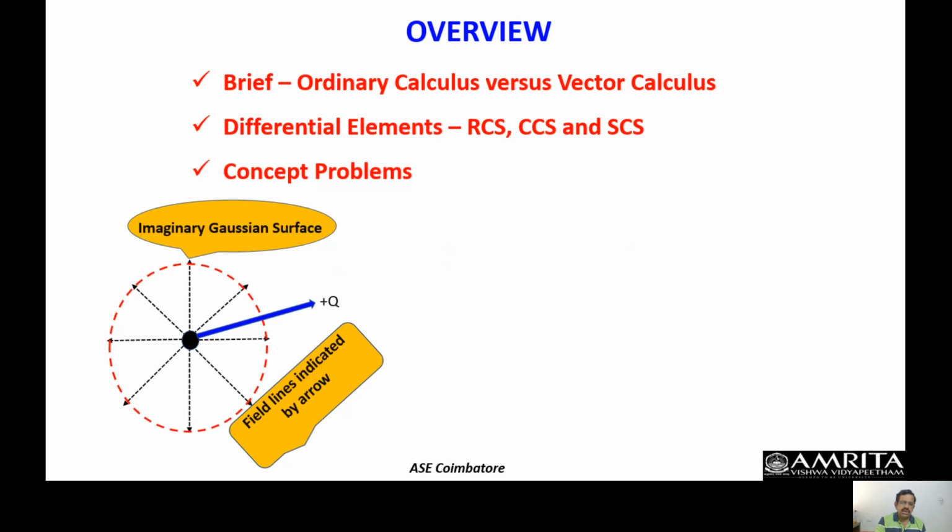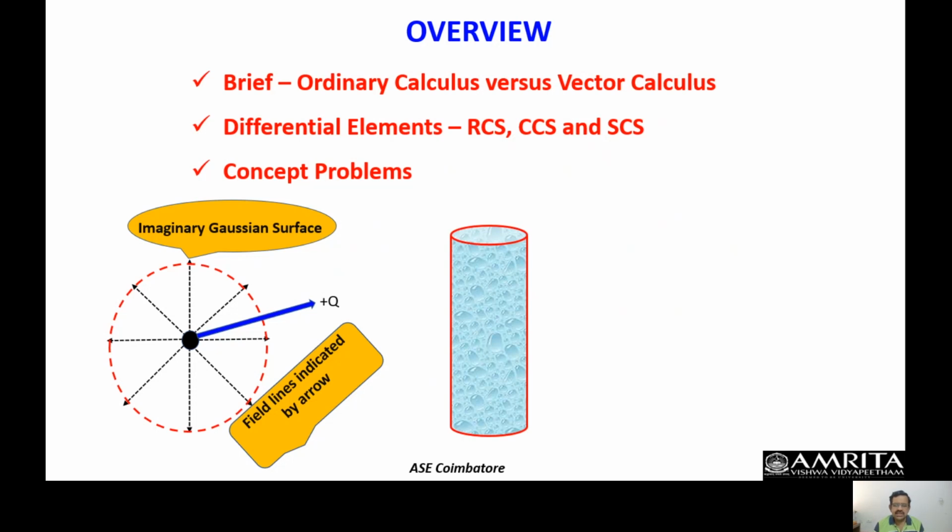It is all outward, flowing along the radial direction, and I can construct an imaginary Gaussian surface around here. We require the surface area element in the spherical polar coordinate system. That is what we are going to learn in today's class.